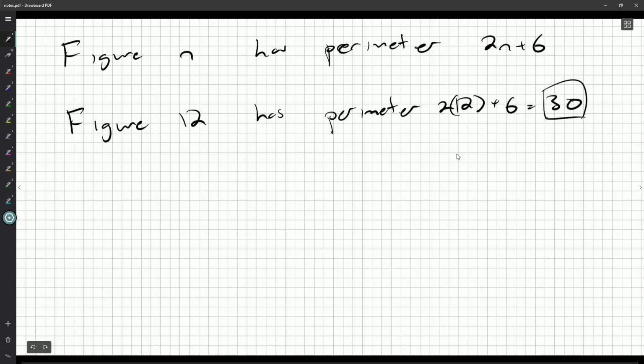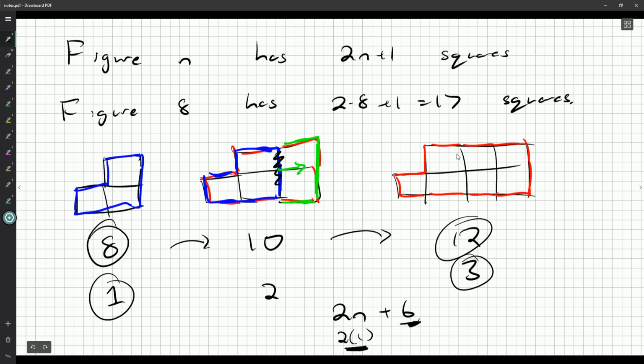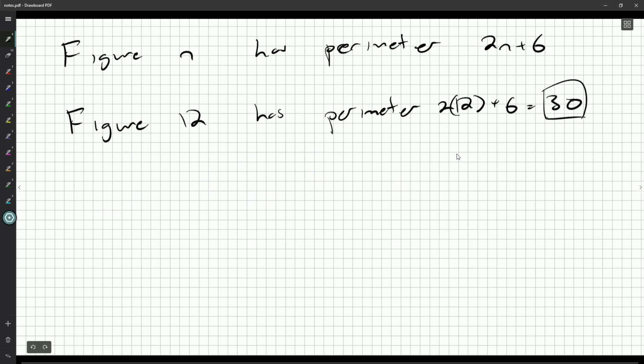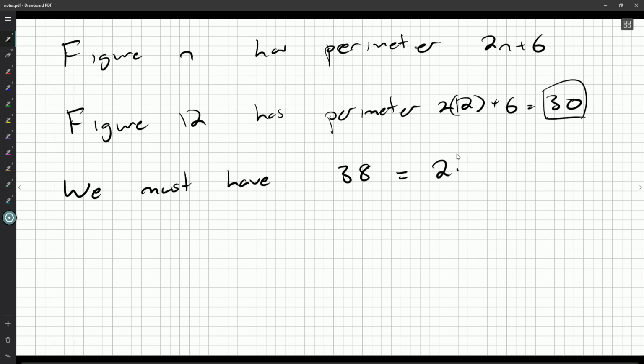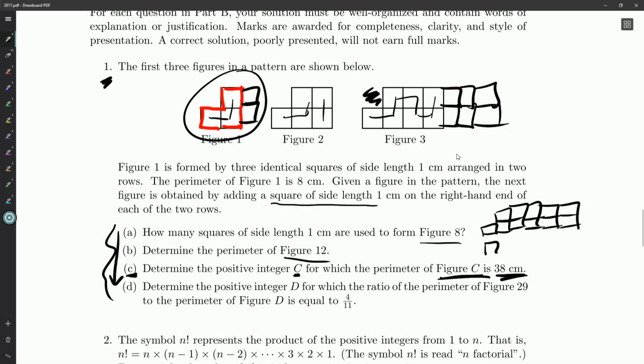So thanks to our previous work, as long as we've shown it, we can just now say, all right, we must have 38, and what do we want? 38 is the perimeter, right? 38 is 2 times, oh, sorry, if we had just written out figure 12 in the last question and didn't get a formula, we would have nothing, we wouldn't be able to handle this one.